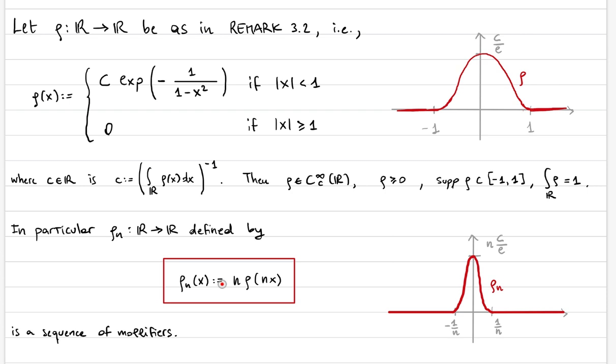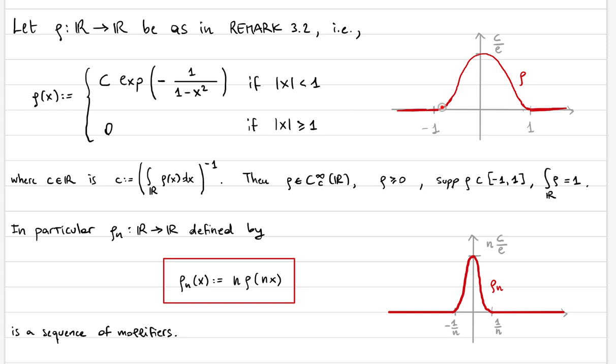We consider rho as the scalar function which we already defined in remark 3.2, but as a reminder, I redefined it here. This function is just c times the exponential of minus 1 over 1 minus x squared, if x in absolute value is less than 1, and 0 otherwise.